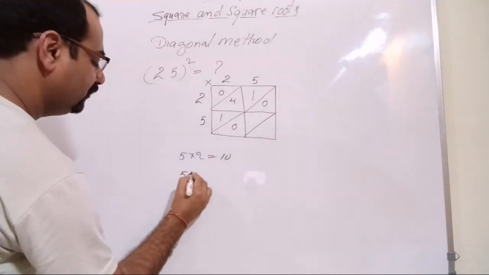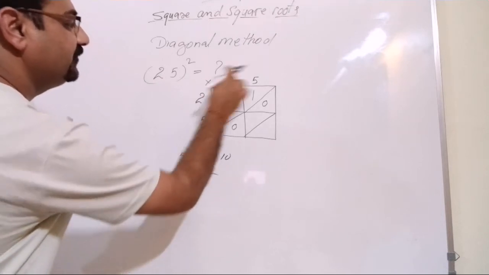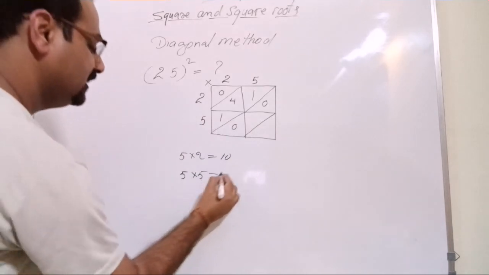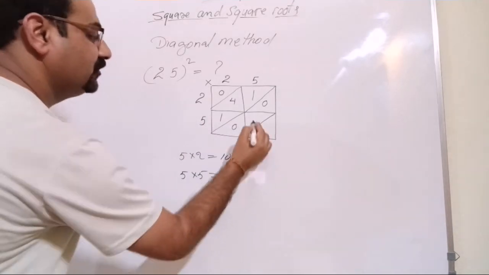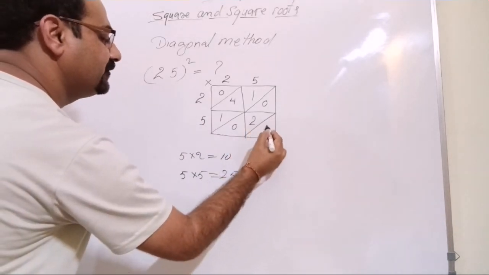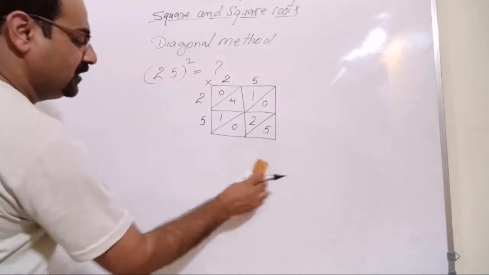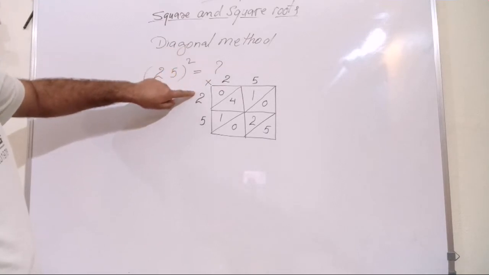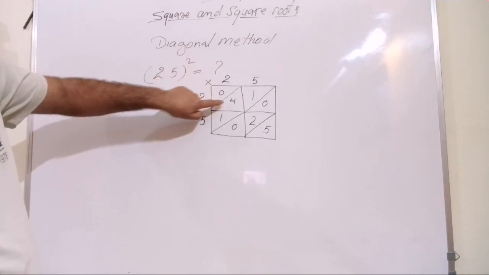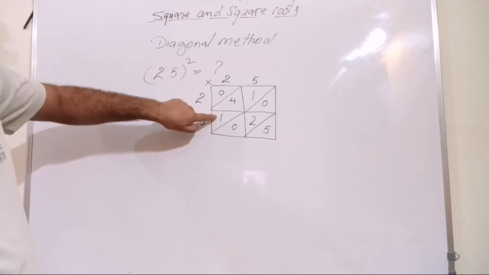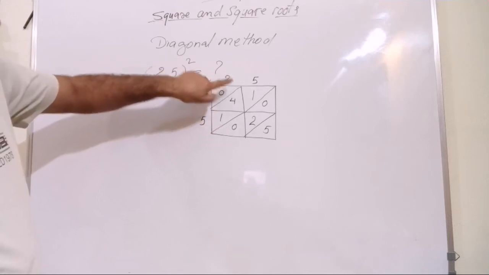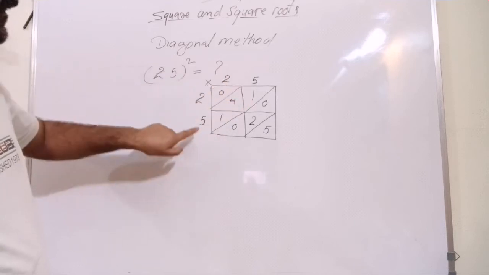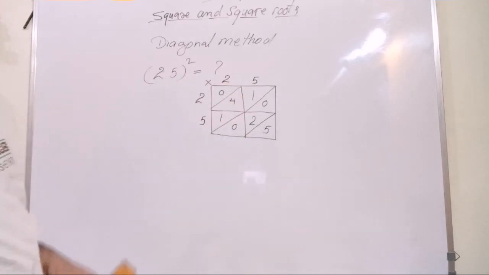Now 5 into 5 is 25, so I write 25. I put the values by multiplying all the numbers: 2 into 2 is 4, 5 into 2 is 10, 2 into 5 is 10, and 5 into 5 is 25.